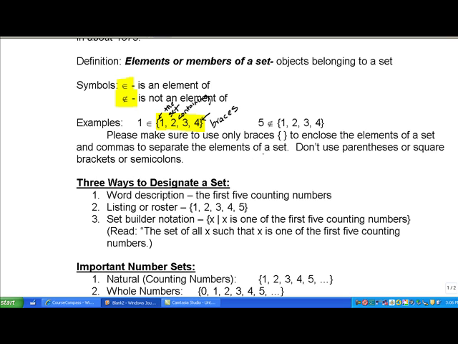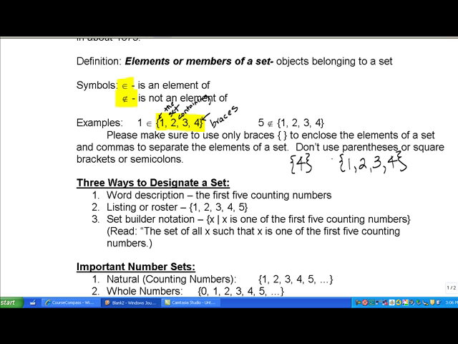I also want to point out, if you have braces in a case like this, notice that the braces are around the 4.